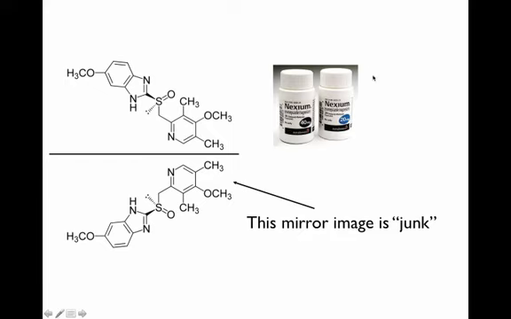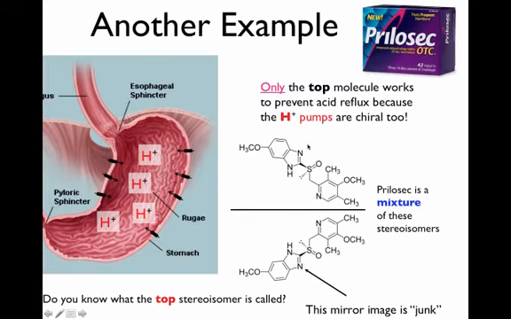So when you ingest a Nexium pill, the pill pretty much consists only of this molecule, the molecule that can actually jam the pumps, and it doesn't have this molecule in it anymore. And if you ever read some of the marketing material for Nexium, sometimes they'll say you only need half as much Nexium to treat your heartburn as you do for Prilosec. And the reason for that is pretty simple.